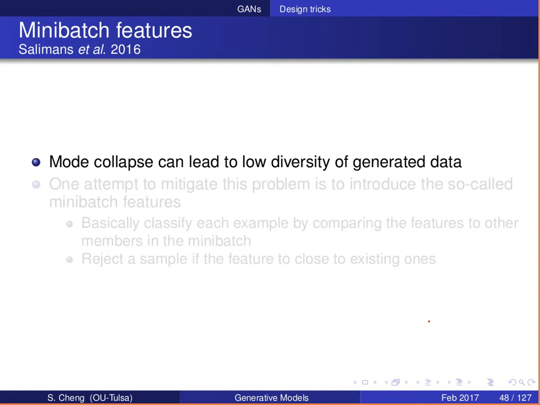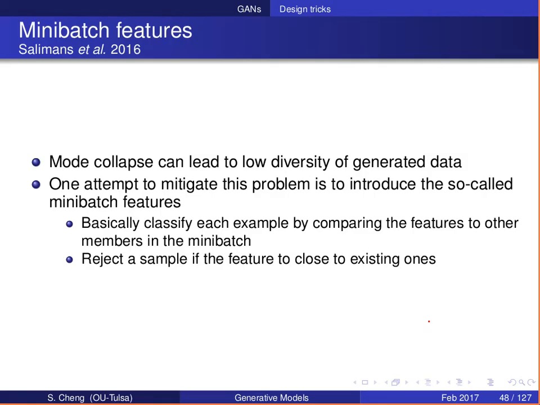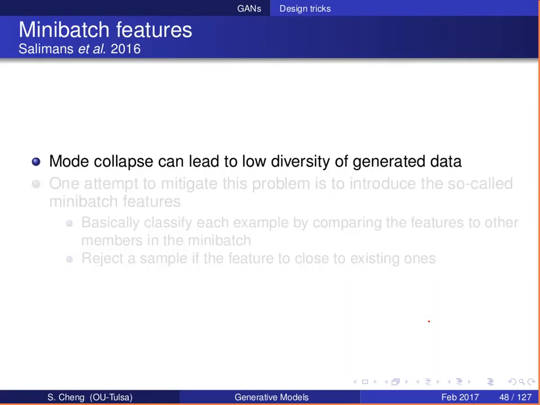One workaround to reduce mode collapse is that when you generate the data, you can introduce so-called minibatch features. So you generate some data, and you check whether your generated sample is already covered by your model.